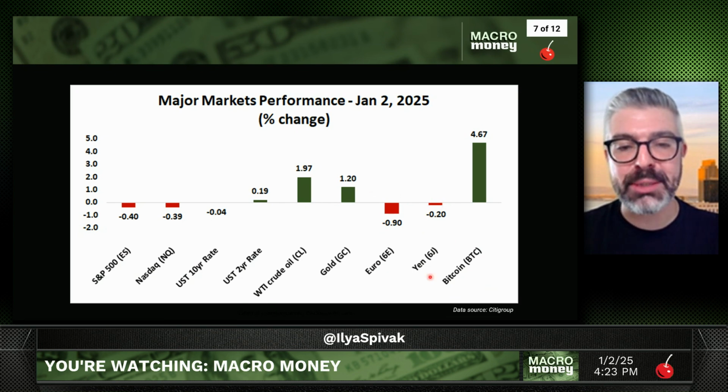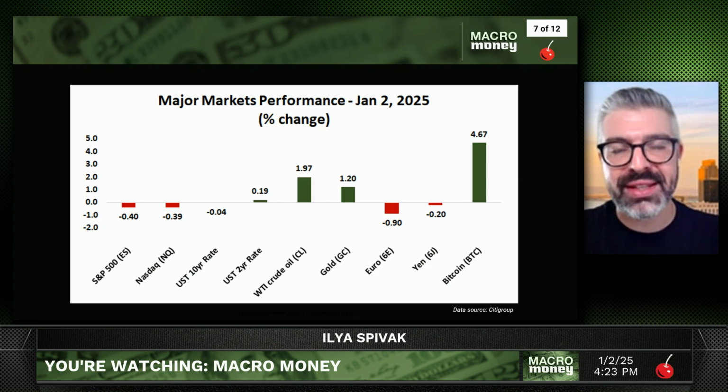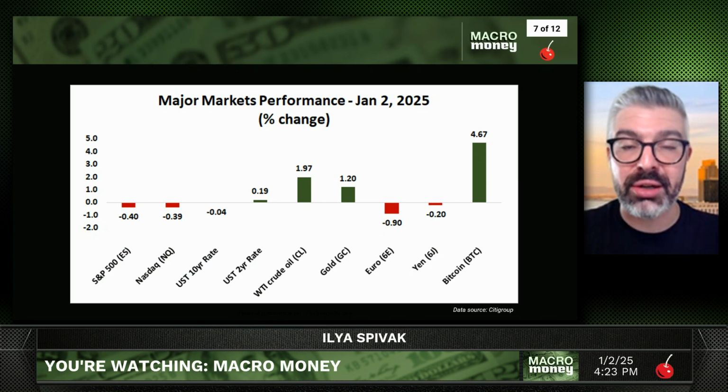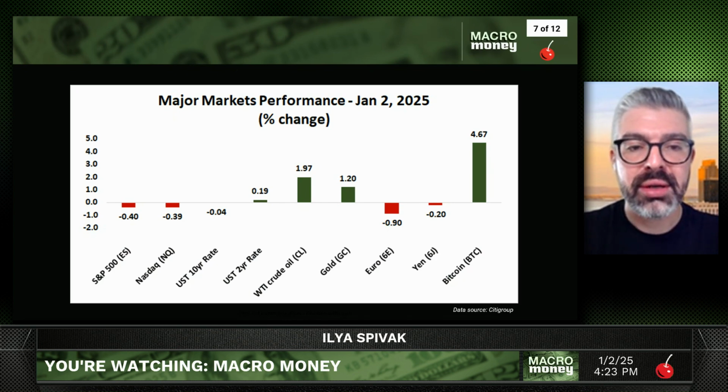You would expect it to be everywhere. In fact, you would expect the yen to be particularly strong, because in those risk aversion scenarios, the one currency that does as well as the dollar, or sometimes even better, is the yen. So you would actually expect the yen to be stronger.